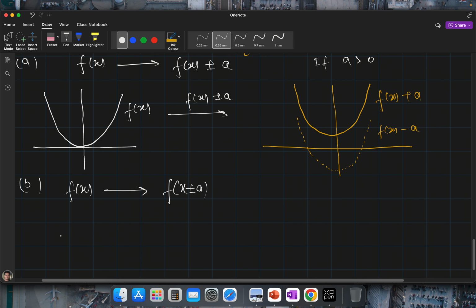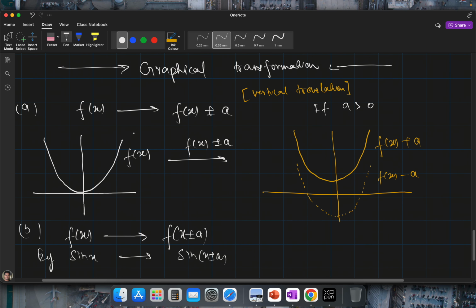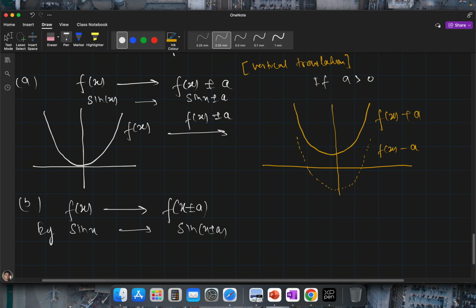For example, suppose the initial function is sin x, then you want to transform it to sin(x plus or minus a). But here it is different. These two are very different.